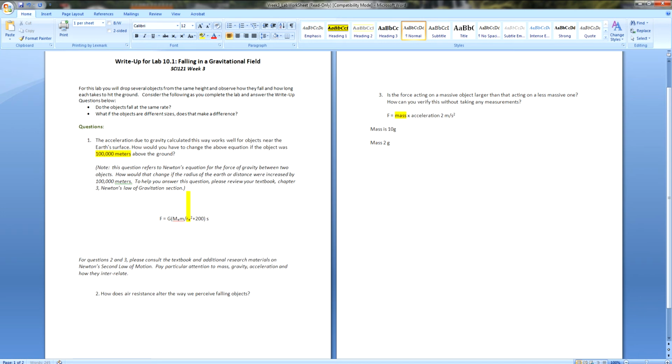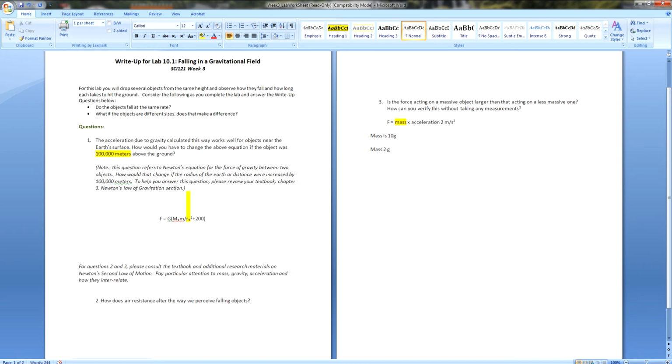What I've put here is that instead of saying 100 meters, I said I increase the distance of the object above the ground by 200, what will happen to this equation? The equation will be tweaked to make sure that I add this 200 meters to R, but something also has to be done to make this equation correct to R.